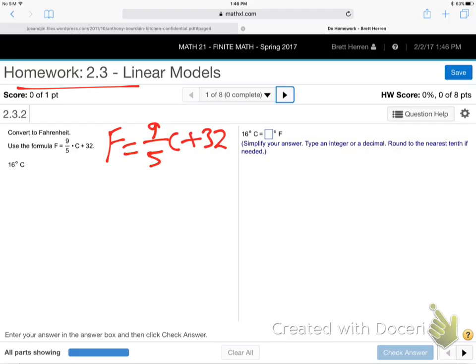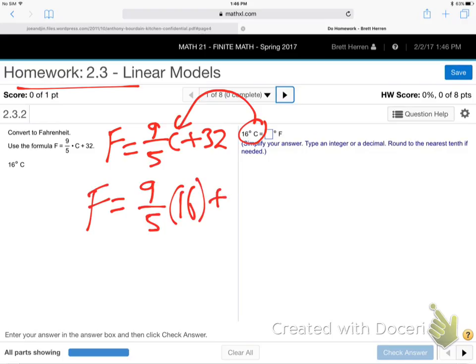And they're basically just giving us a formula. And they're saying 16 degrees Celsius. So what do we do with the 16 degrees Celsius? Just take that and pop it in. Hit the buttons on your calculator. So the F will be 9/5 times 16 plus 32.